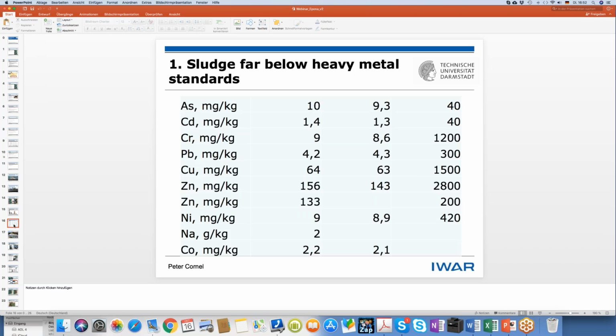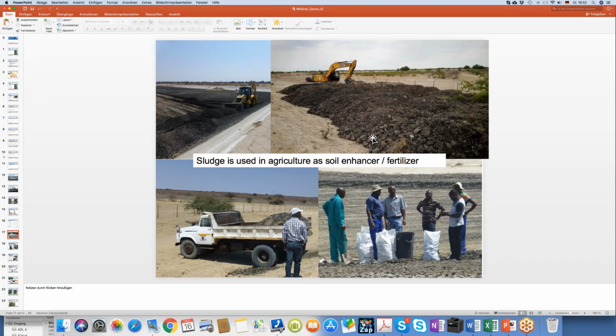We checked for heavy metal, and we found it's way below the standards, as you can see. I mean, there's always 2 samples, and these are the standards, and you see they're way below. You see the sludge, I mean, enormous amounts.